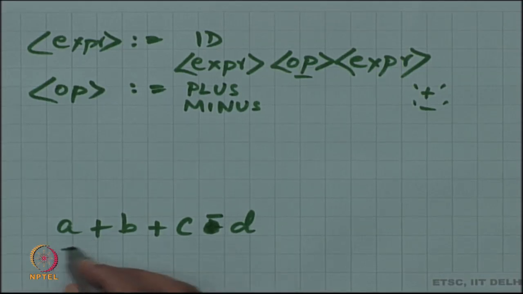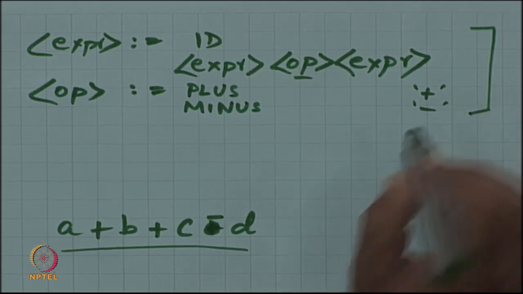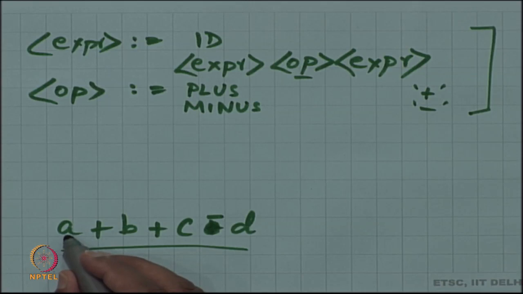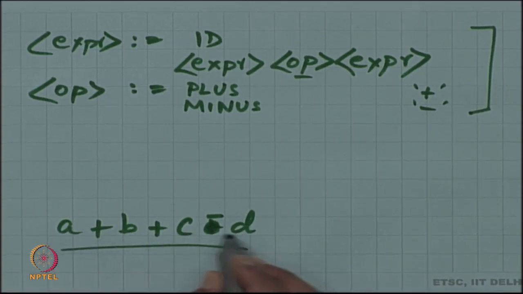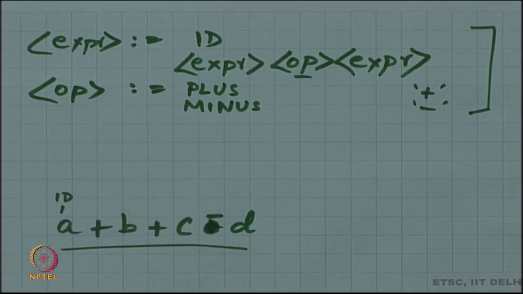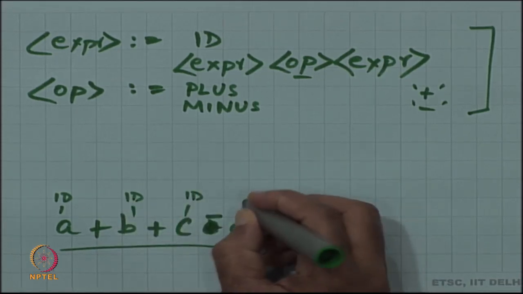So, can we construct this complex expression from multiple applications of the expression rule? You see that at an elementary level A, B, C, D, these are what? These are recognized as identifiers by the lexical analyzer itself. So, that is an identifier, that is an identifier, that is an identifier.